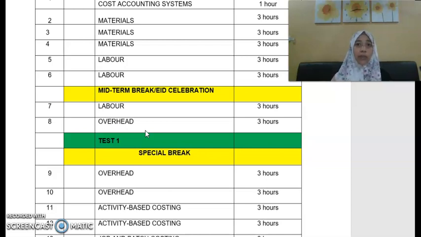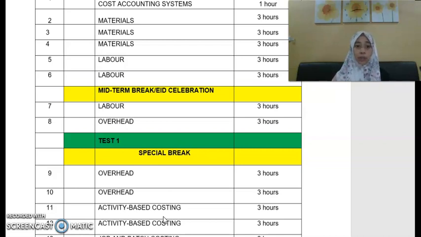If you still remember your overhead absorption rate. Okay, you look into the detail of your overhead. That is the traditional way of doing it. Then you look into your activity-based costing. Again, activity-based costing is under the topic of overhead. So you look into how you assign your cost based on the activity.